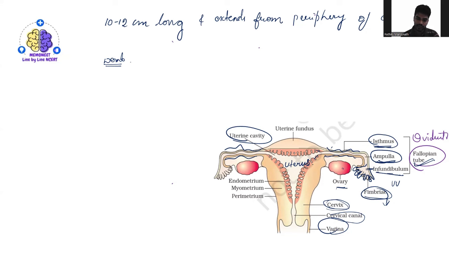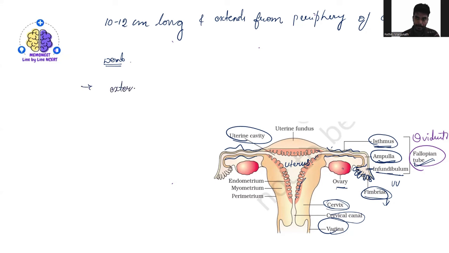Then the wall of the uterus is made up of three layers of tissue.